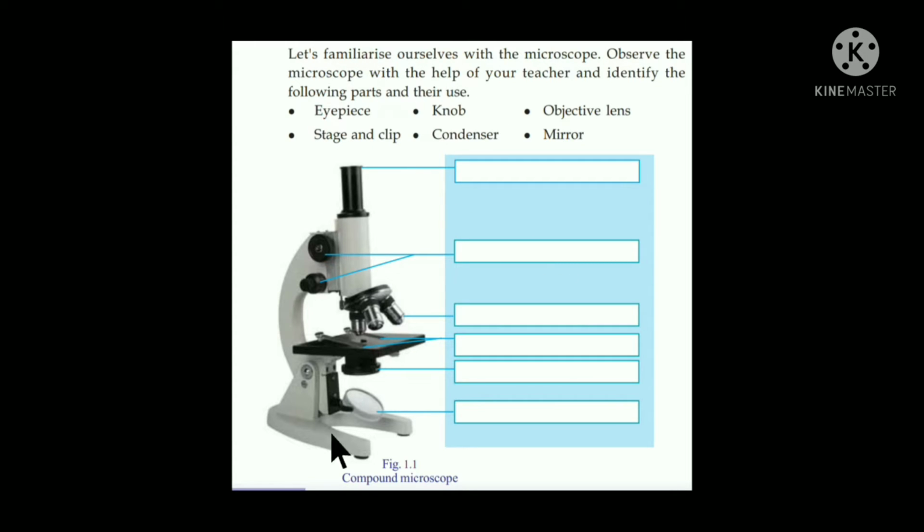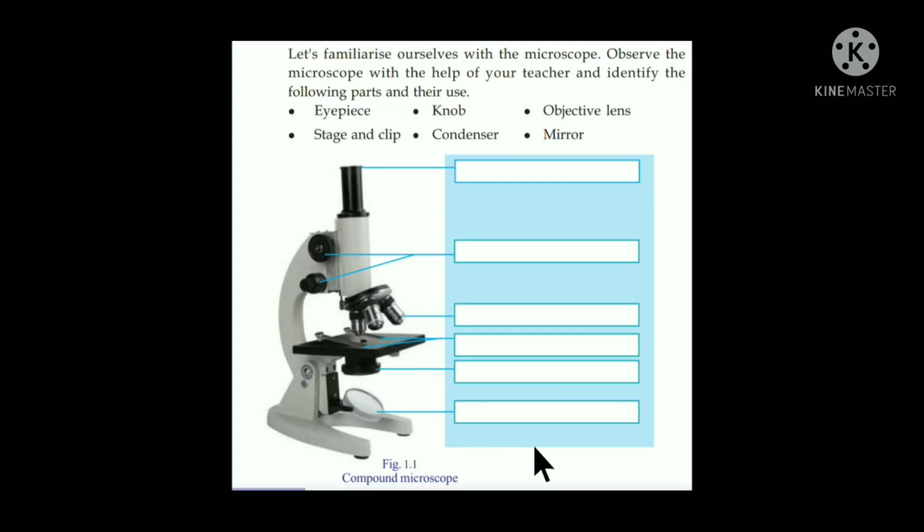Here, you can see a compound microscope. You have to observe the compound microscope with the help of your teacher and identify the following parts and their use. I gave now some details about this microscope, and I have shown a video also how it works.